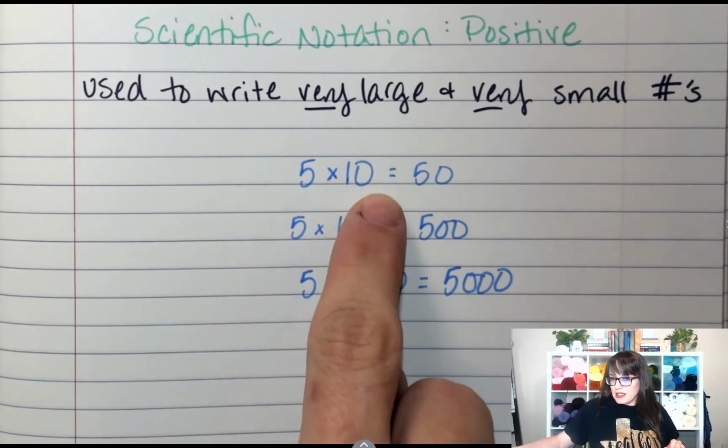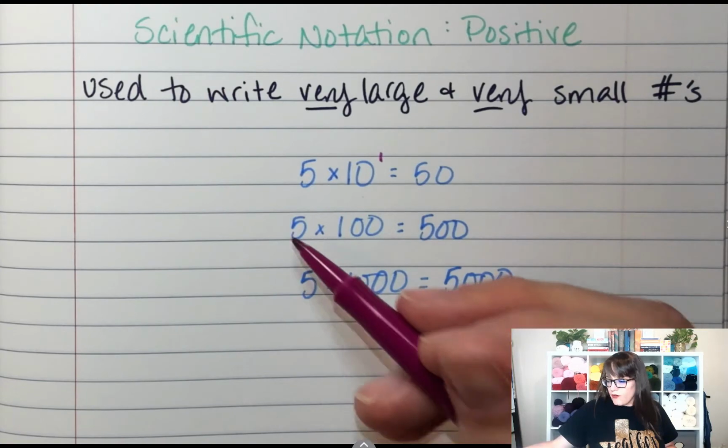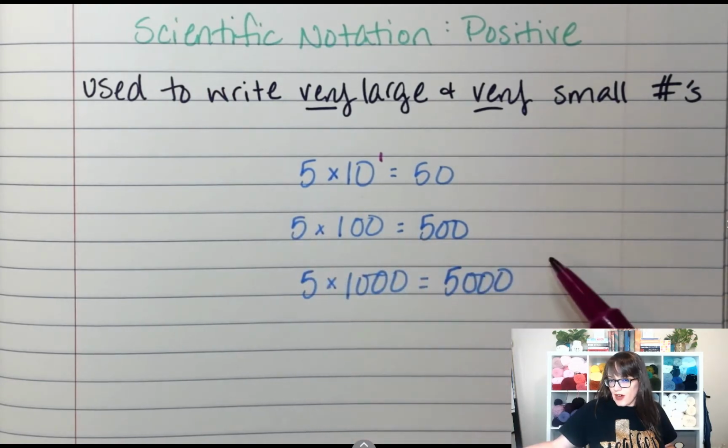So 5 times 10 is 50. If I add an exponent of 1 to 10, it's still 10. Now it's in scientific notation. So 5 times 100 is 500.